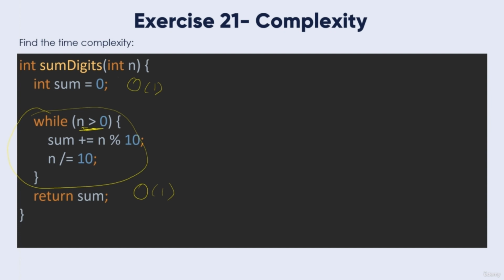Every time in this loop, the sum will add the old sum plus n modulo 10, and n is divided every time by 10. So, as I told you, to solve all these questions, you need to take an example. Take n equal to 100.